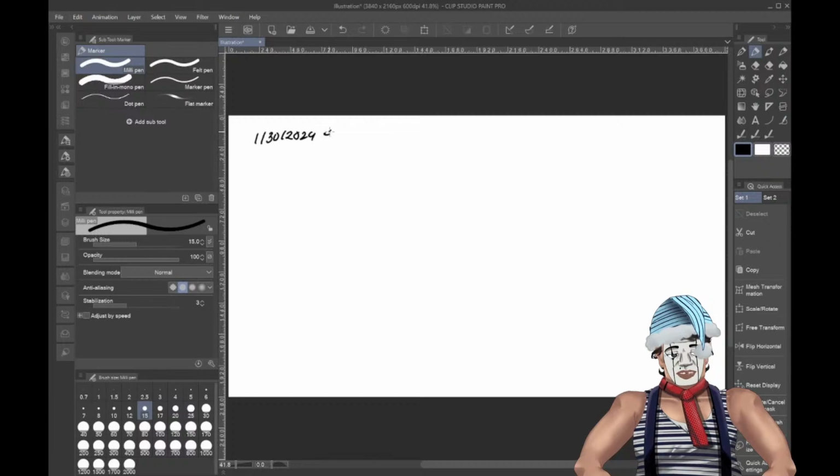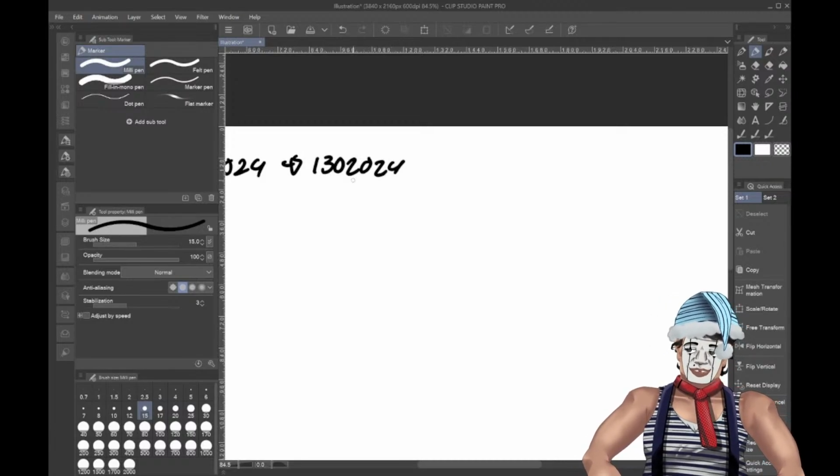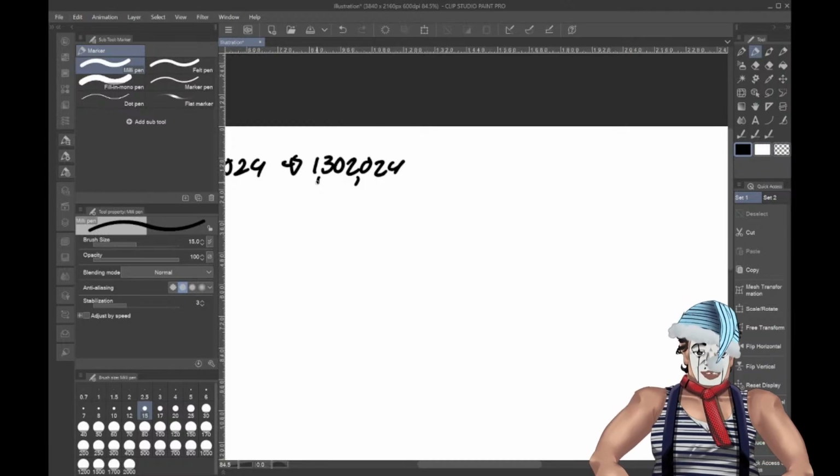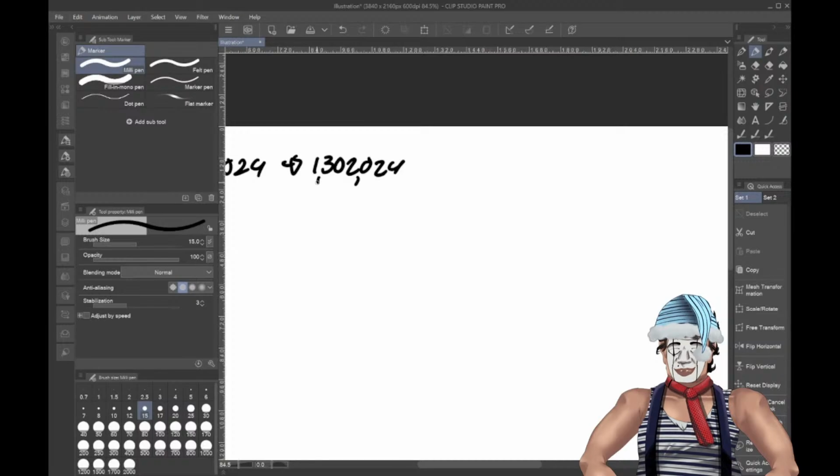If this was an integer, I would look at it like this: 1,302,024. What I want to know about this number, I wonder what the square root of this number would be.